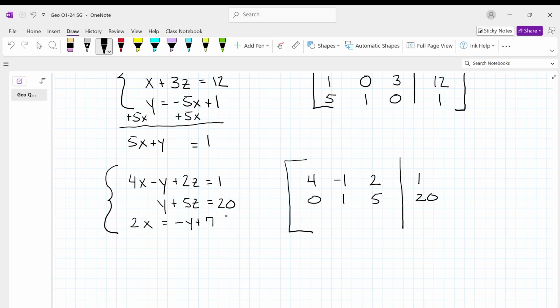In this third equation, we need to get the y on the other side of the equal sign, so I'm going to add y to each side, and I get 2x plus y equal to 7. So in this third row, we get a 2, a 1, a 0 for the z, and a 7 for the constant. And that is your matrix form for that system of equations.